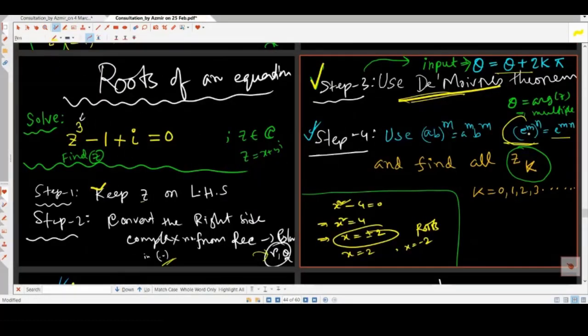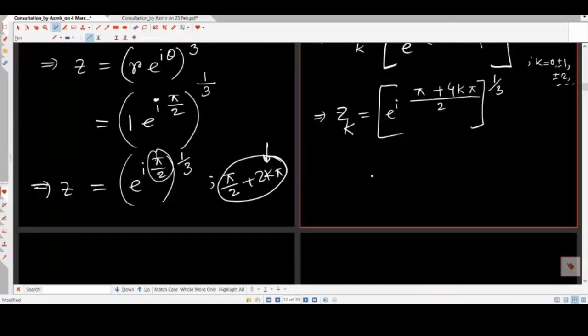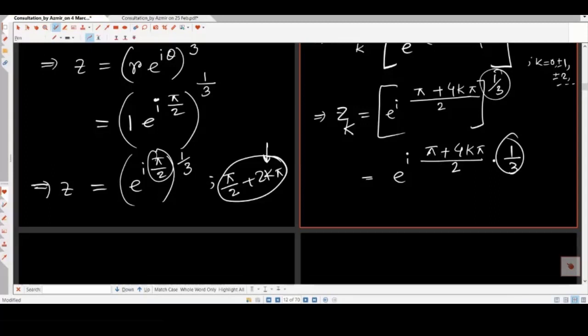We know that e power m power n can be written as e power mn. So using that identity, we write e power i, pi plus 4k pi over 2, times 1 over 3. That means that the power is now multiplied.